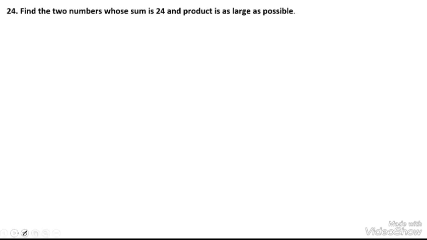Then question number 24. Find the two numbers whose sum is 24 and whose product is as large as possible. Let x and y be the two numbers.